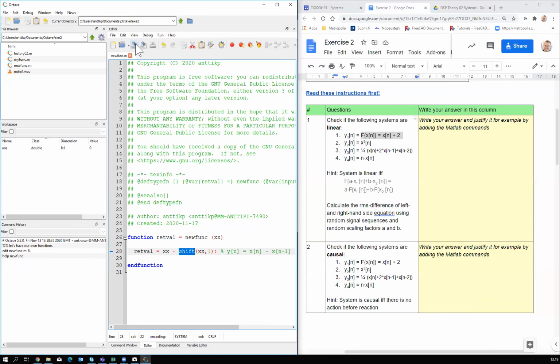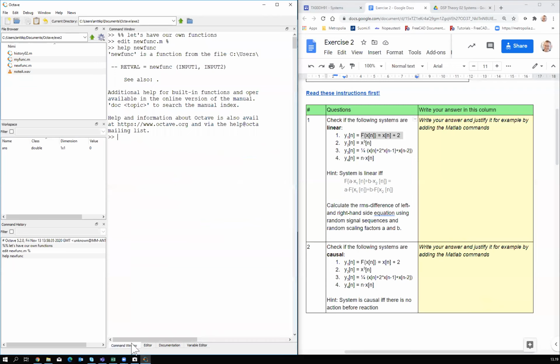Okay, but now we can use that one. So let's see, if I say new func and give it the values 1, 0, 0, 0, what does it say? Okay, yep, it works more or less. The first value is 1 minus 0.